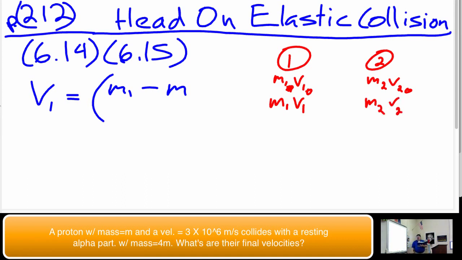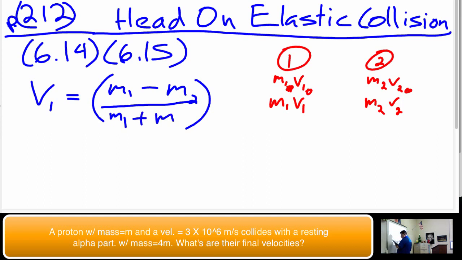Okay? And so that's where these formulas come from. So V sub 1 is equal to this stuff. And then the final velocity 2 is equal to this stuff.